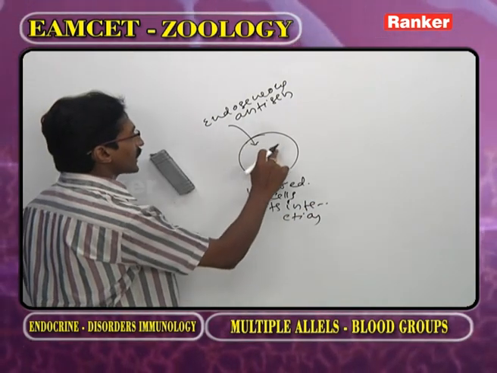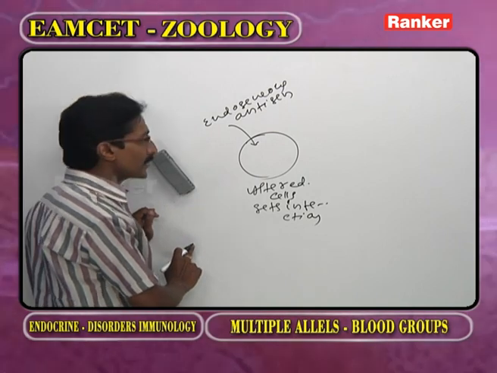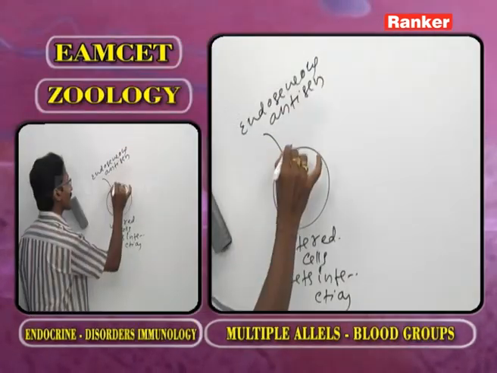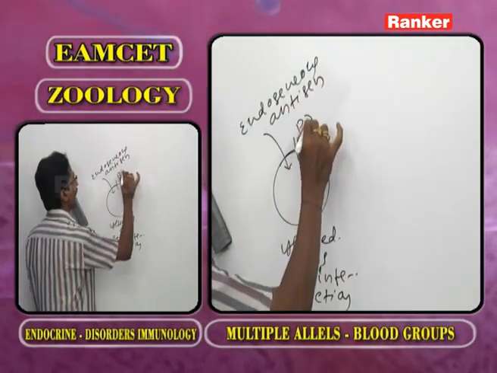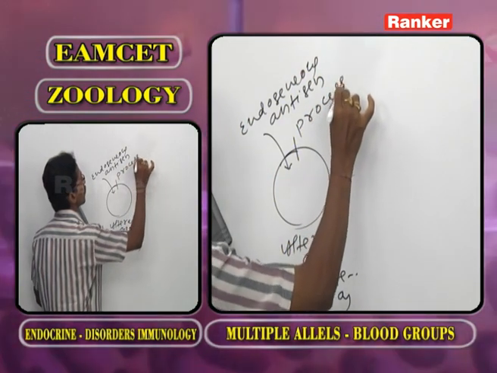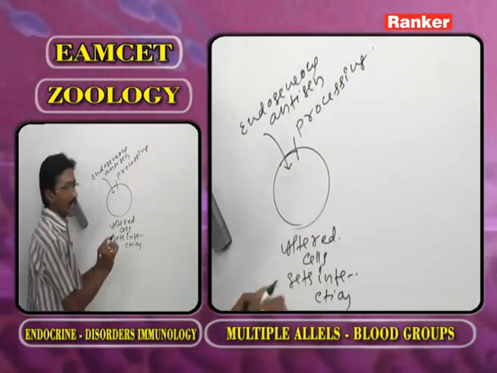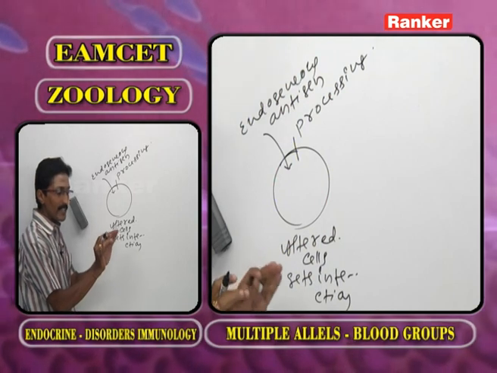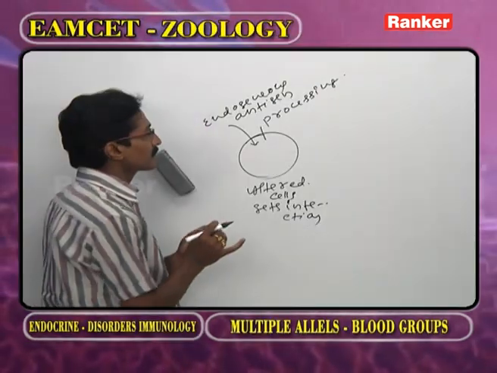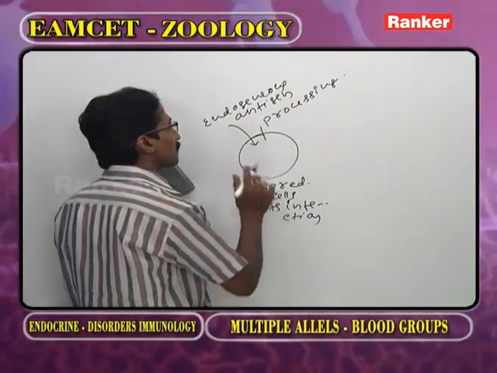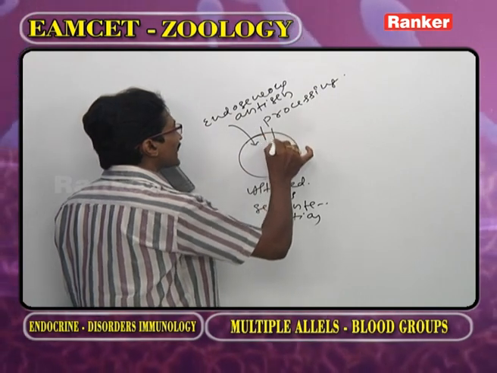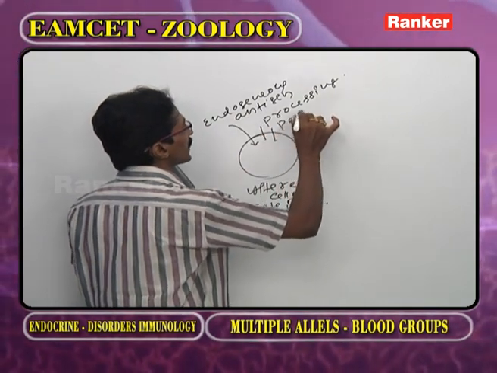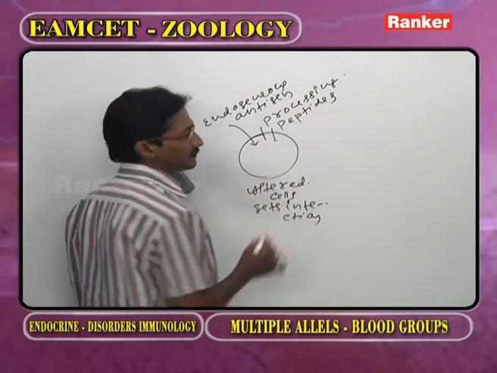Now the endogenous antigen enters into the altered cell. Inside the altered cell, the antigen undergoes processing. That means the antigen divides into smaller pieces. After completing the processes, the antigen is represented in the form of peptides.